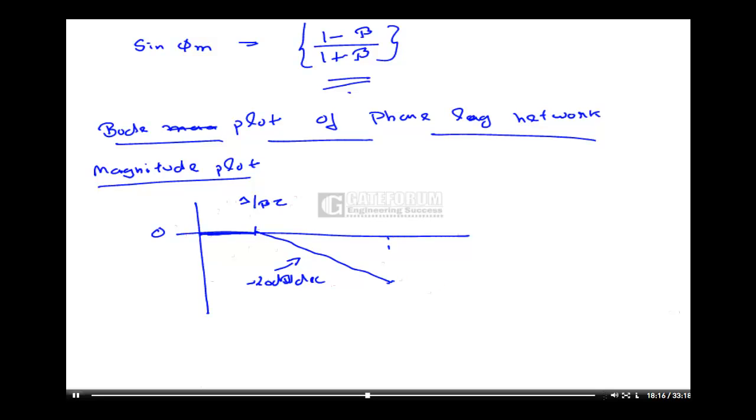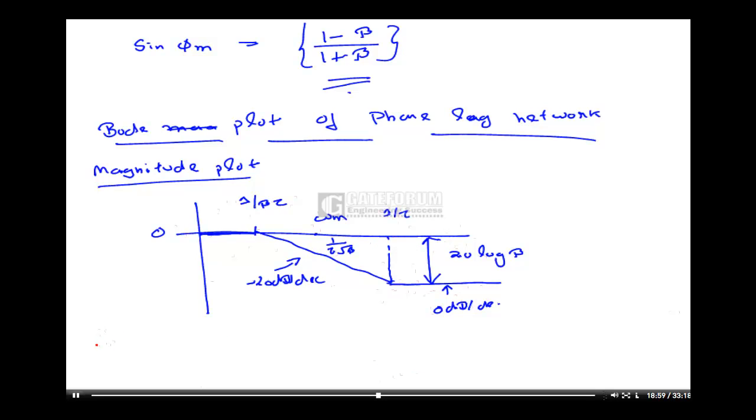After that, pole at 1 by tau, 0 at 1 by tau will add a slope of plus 20 dB per decade, which will make a total slope 0 dB per decade. From 0 to this point, the value is 20 log beta. Omega m equal to 1 by tau root beta.